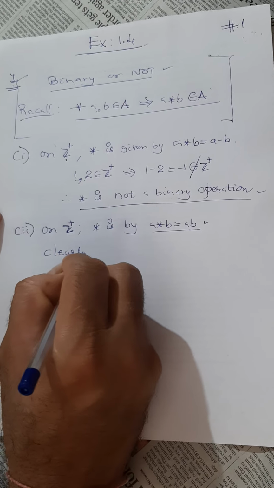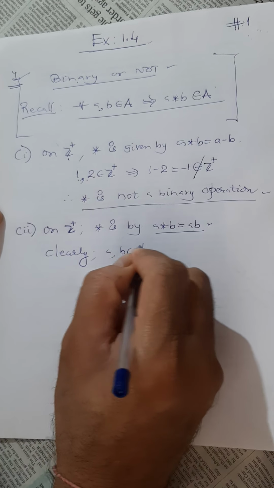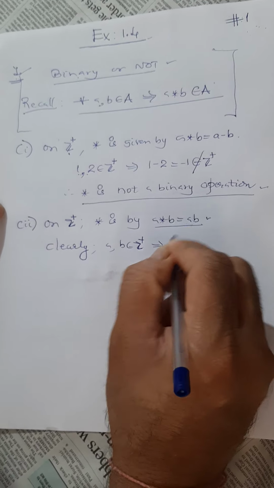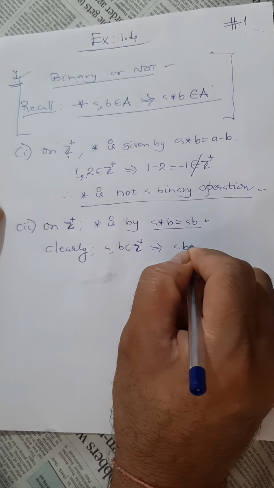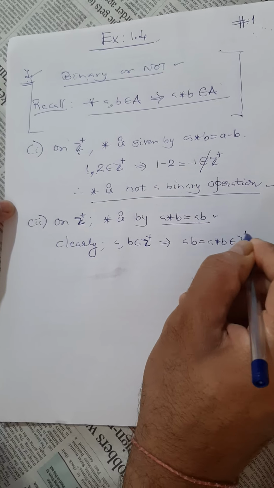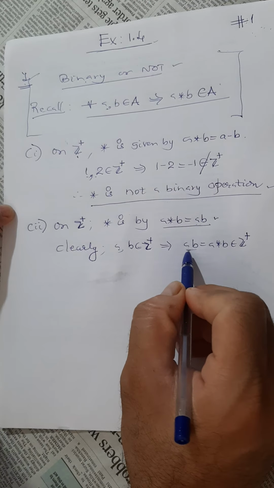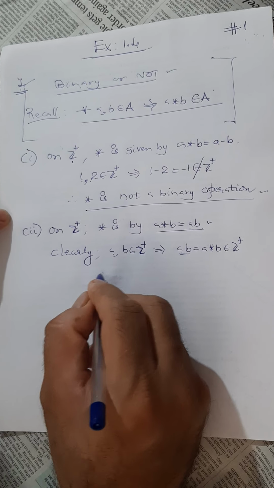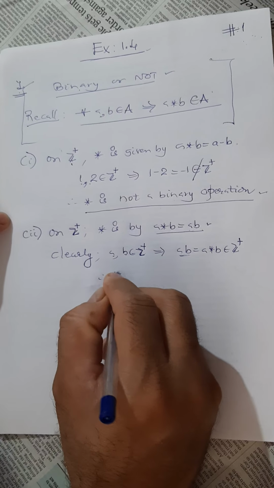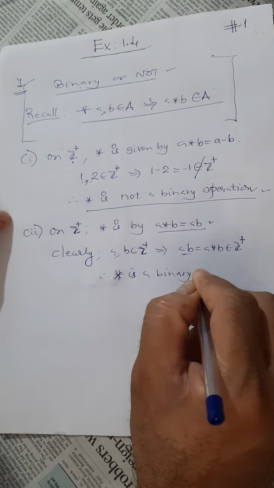Clearly, if I take any two positive integers from Z plus and multiply them, that is A into B, which is A star B, it is also in Z plus. The product of two positive integers is always a positive integer, and therefore asterisk is a binary operation.